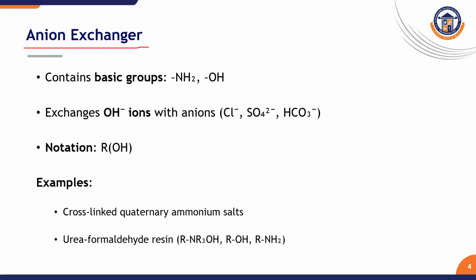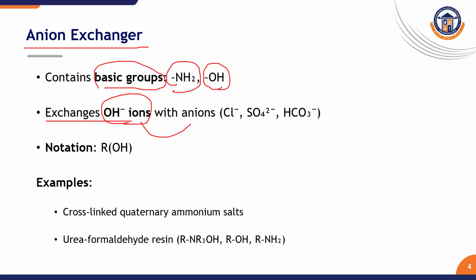Same as the cation exchanger resin, the anion exchanger resin contains basic groups: NH2, that is the amine group, and the OH group, which is an alcoholic group. It exchanges OH- ions with the anions.